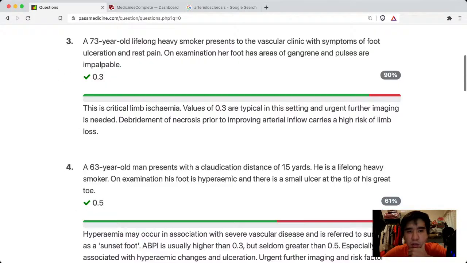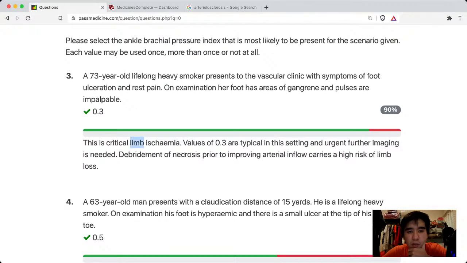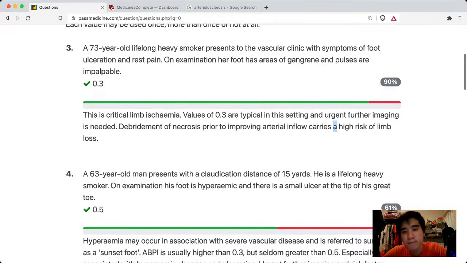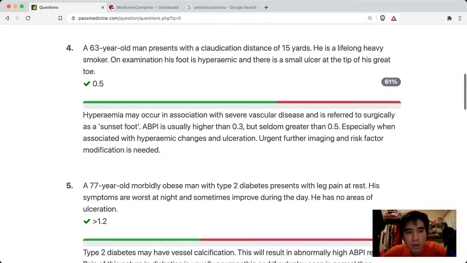Oh, I got it correctly. So number 3, this is critical limb ischemia. Values of 0.3 are typical in this setting and urgent further imaging is needed. Debridement of necrosis prior to improving arterial inflow carries a high risk of limb loss. Okay.